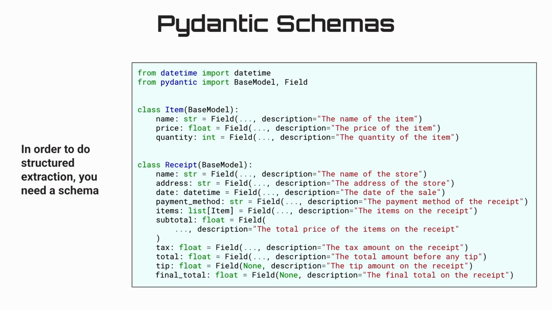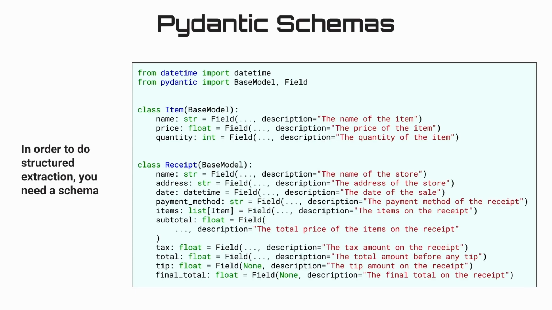I want to talk about pydantic schemas, because this is where having a schema really becomes useful. Pydantic is a library you may have used before if you've developed an API, like a FastAPI, because I think it's integrated with that. Instead of just an HTTP API, this would be more like an extraction API.